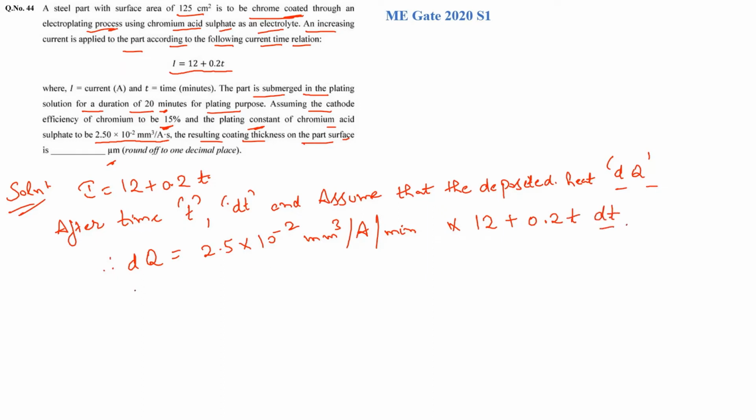Now the cathode efficiency has been given as 15%.